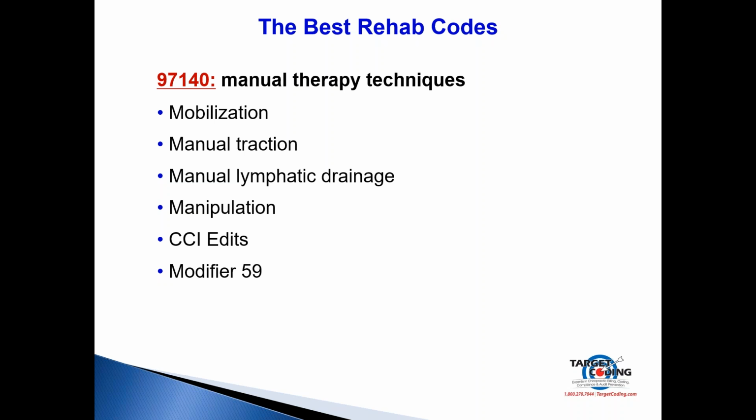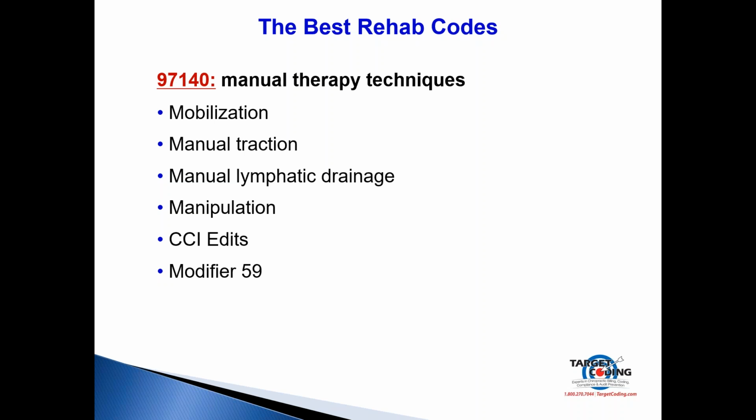And one of the main reasons is this edit on the 97140, and this doctor just was not following the rules. I'm looking at the notes. I'd love to be able to help this provider. However, his notes clearly say that he did the manual therapy and a chiropractic adjustment in the same anatomic site. It's going to be very difficult.